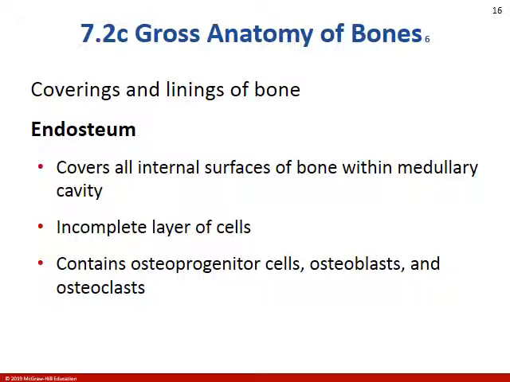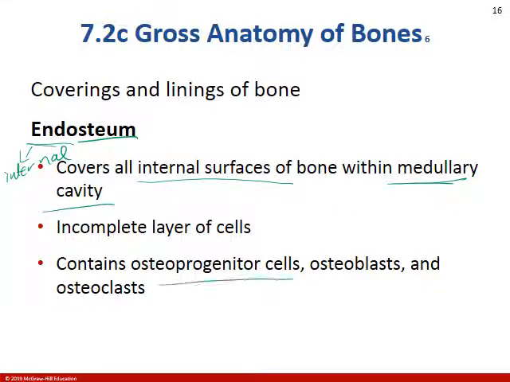Not only do we have an outer connective tissue layer to bones, but we also have an inner one. So endosteum. This is going to be, right, internal bone lining. So this covers the internal surface of the bone within the medullary cavity. It also contains cells, so it's going to have these stem cells, if you will, osteoprogenitor cells.